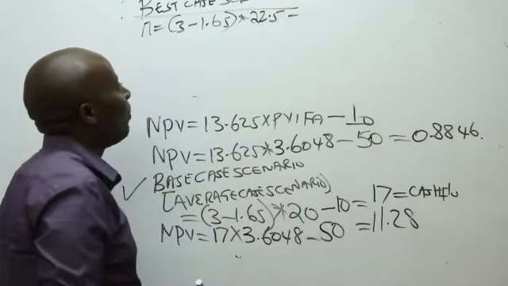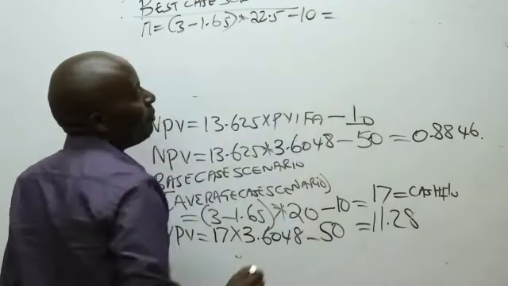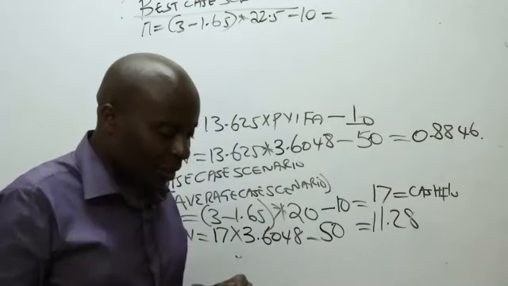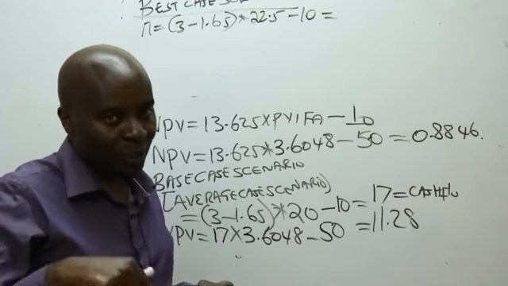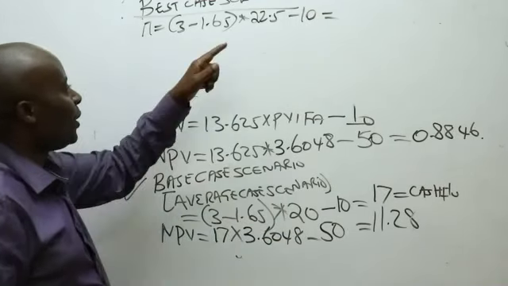Minus, ladies and gentlemen, our fixed cost of 10, which remains the same, because they told us up there. So you're making use of the old figures apart from where they have asked us to have a change. So can somebody give me this profit here?